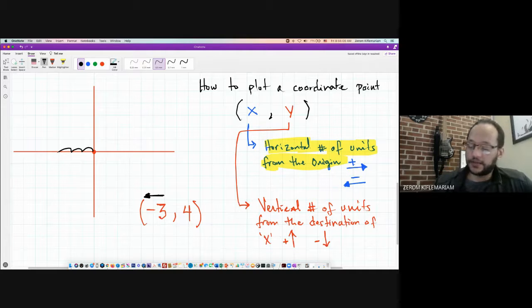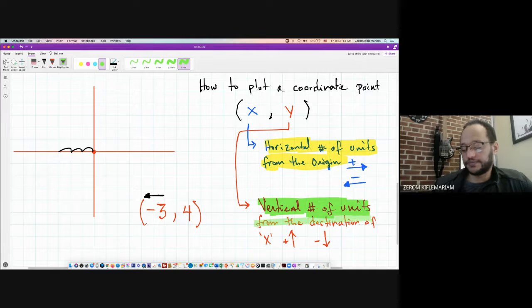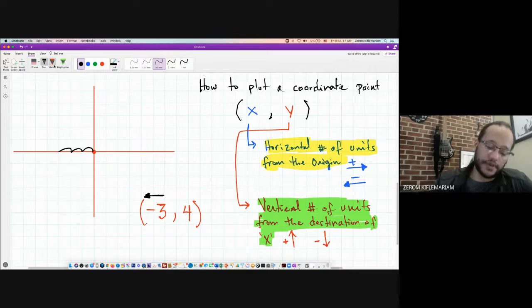And then once I get to the destination of x, I'll be moving up or down using a vertical movement. At this time I have a positive number, so I'll be going 4 units up: 1, 2, 3, and 4.